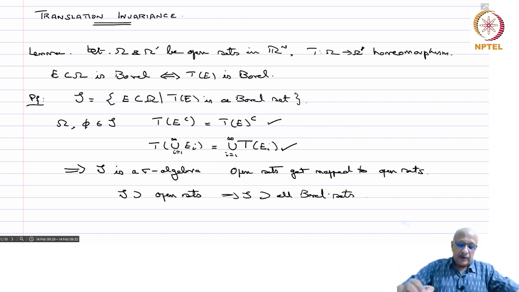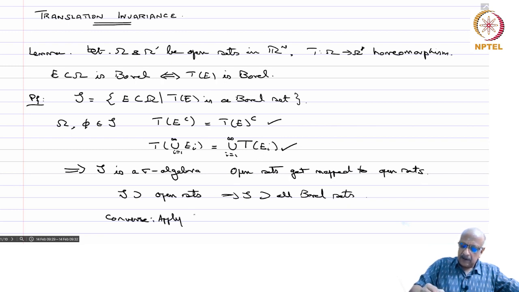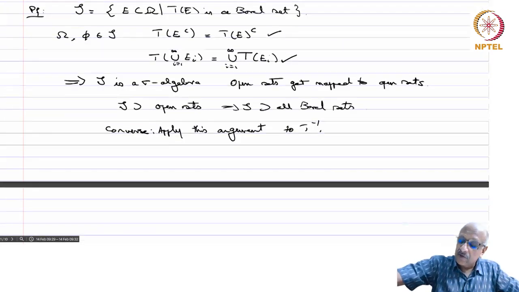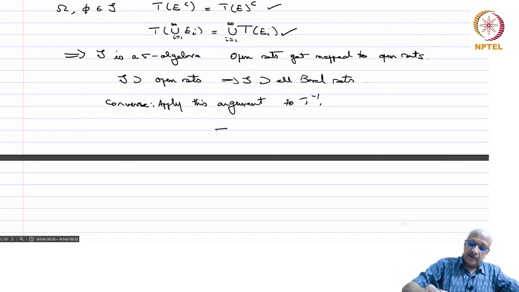So given any Borel set, T(E) is a Borel set. Now the converse: apply this argument to T inverse, so then automatically the converse is true. Okay, so that proves this lemma.